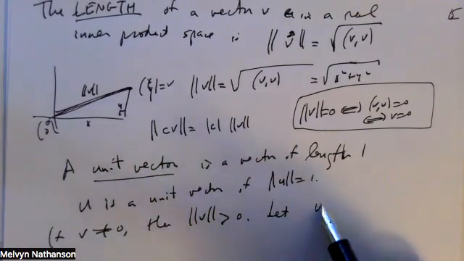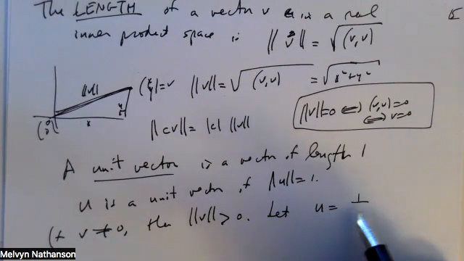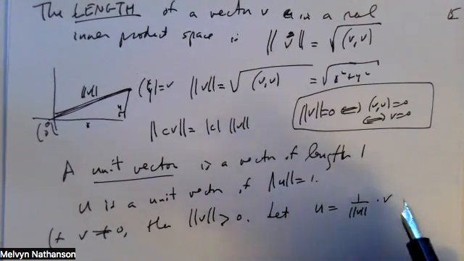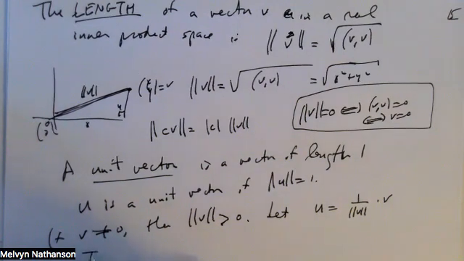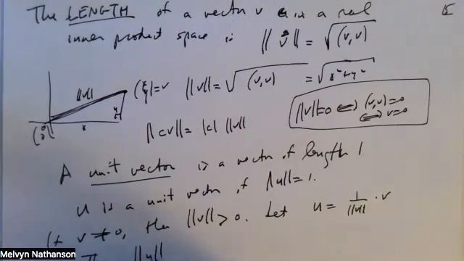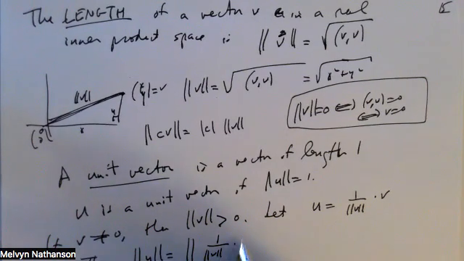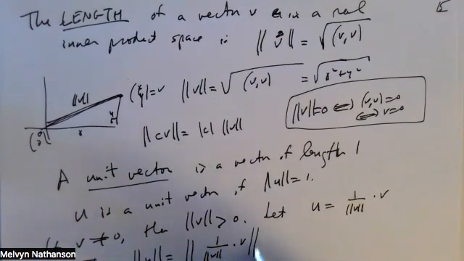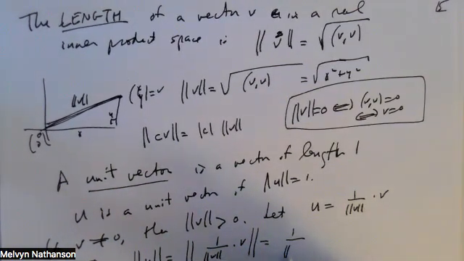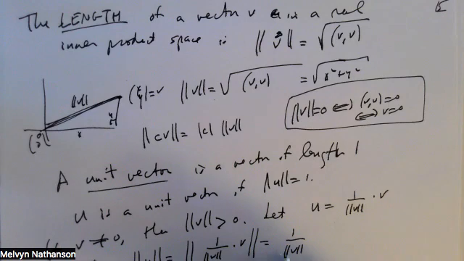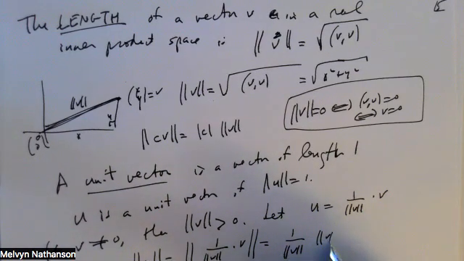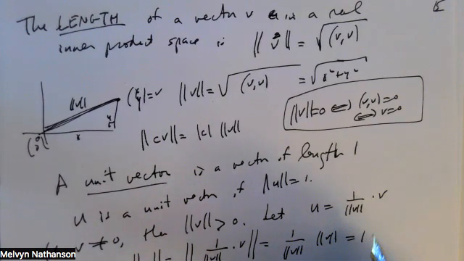Suppose we let U be the scalar 1 over the length of V times V. Then the length of U is the length of the scalar 1 over the length of V times V. You can take the scalar outside, 1 over the length of V. I don't need absolute value signs because this is positive, V is different from 0. Times the length of V, that's length of V over itself, that's 1.